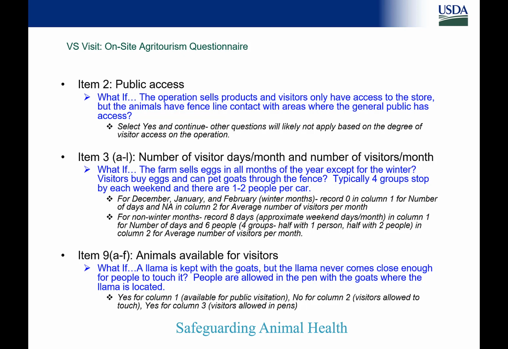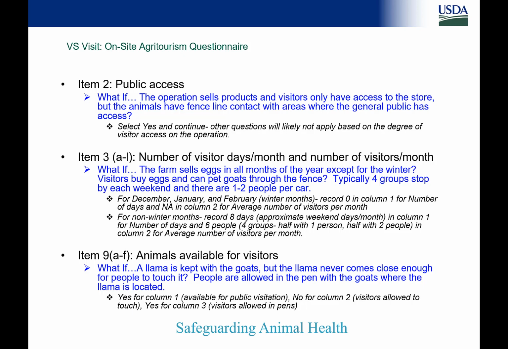Other questions will likely not apply based on the degree of visitor access, and when not applicable, write NA. Item 3 is the number of visitor days per month and the average number of visitors per month. From September through August, we want to capture the number of days people visited and the average number of visitors during that month.